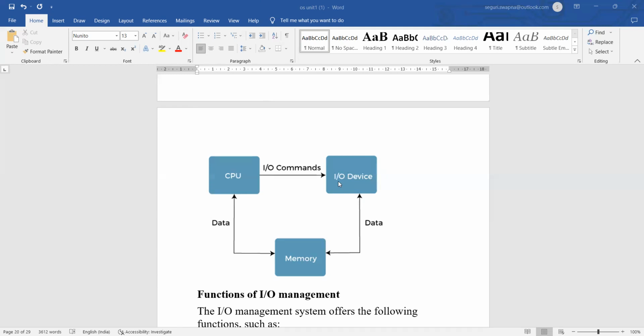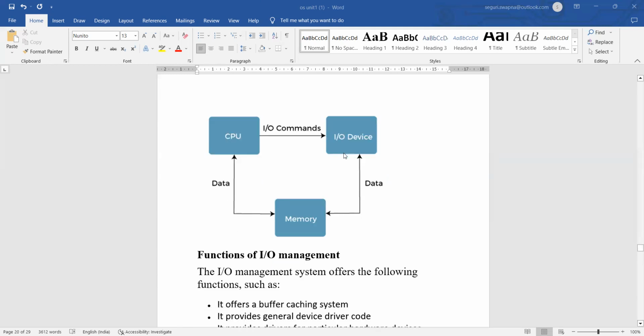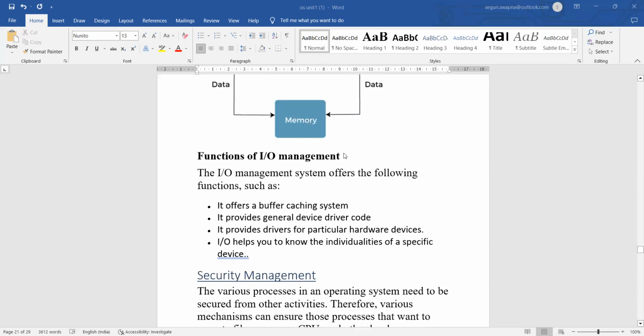The main function of input output device management is to provide the device when required by the process, know the individualities of the specific device, and act as a buffer to store all the input data for the devices allocated to the process. It keeps track of all the information about the input and output devices.